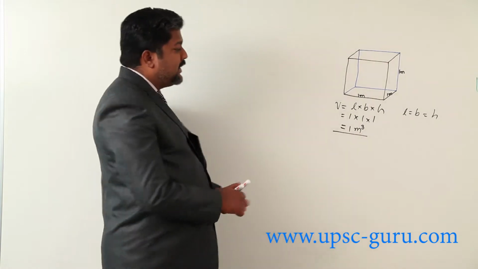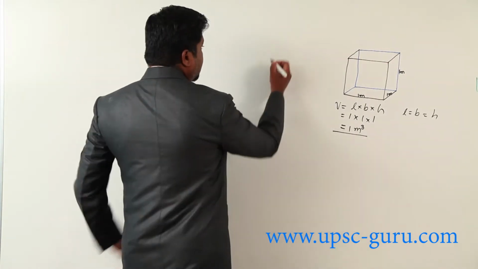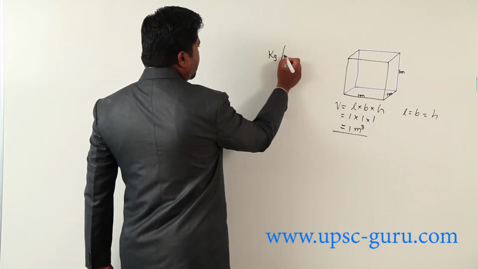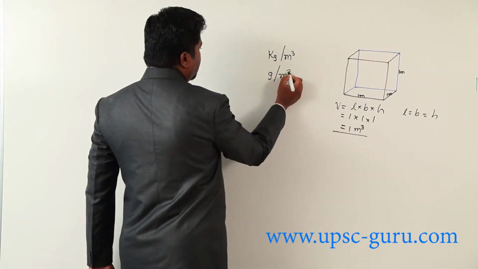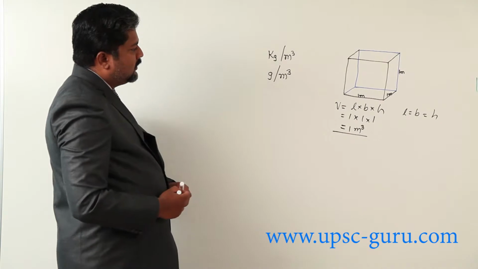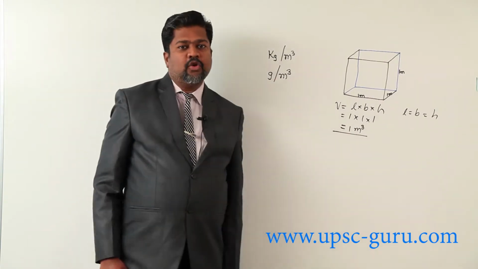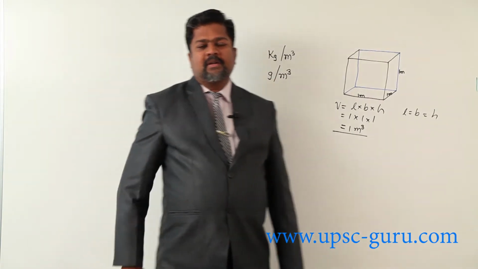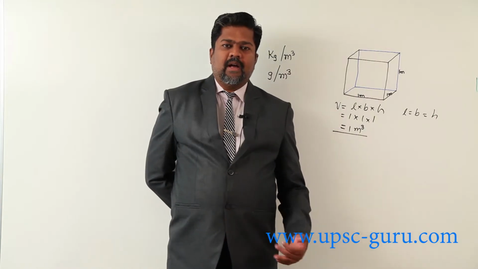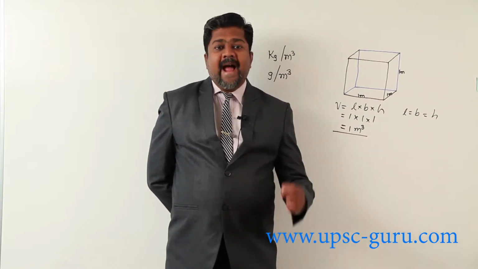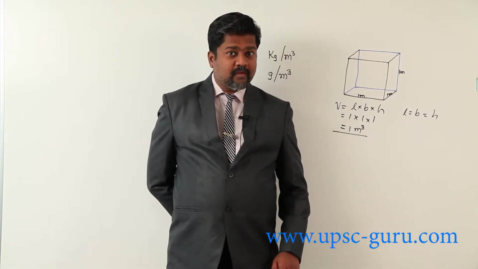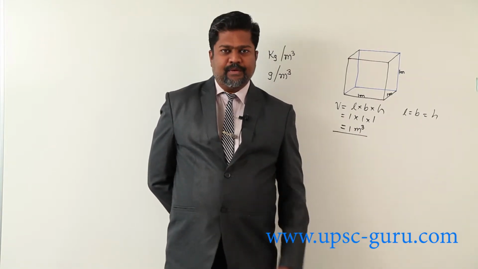So I can express humidity as kilogram per meter cube or even gram per meter cube. This is how I can explain humidity. But in the case of air, this type of humidity is not that useful.